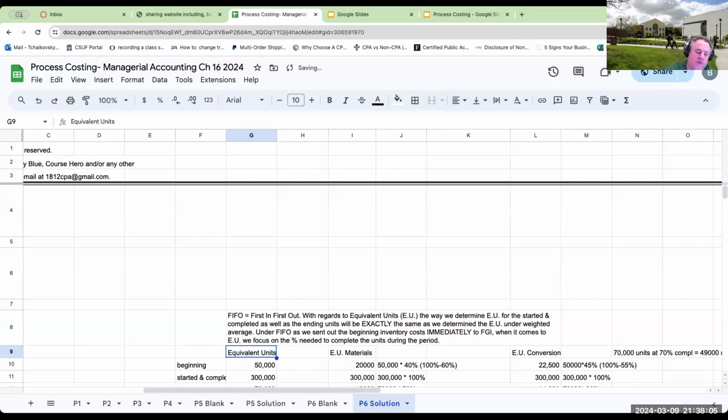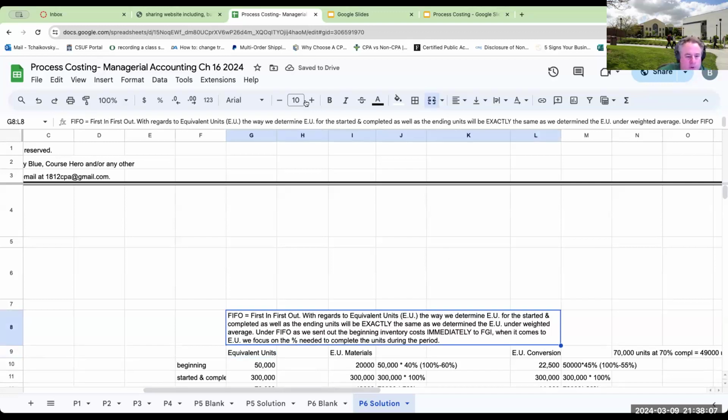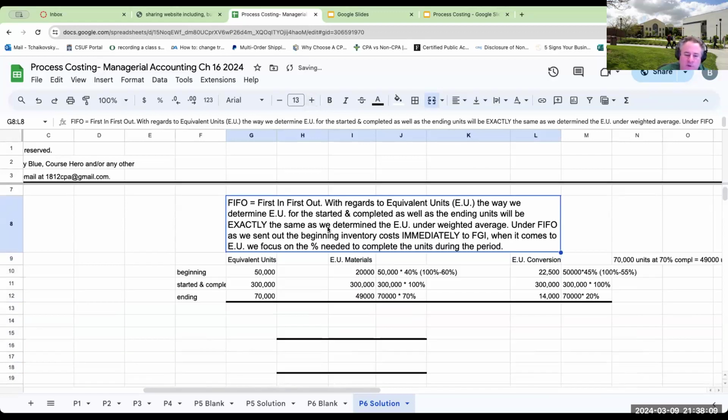So again, this is how FIFO works. Very different than weighted average.